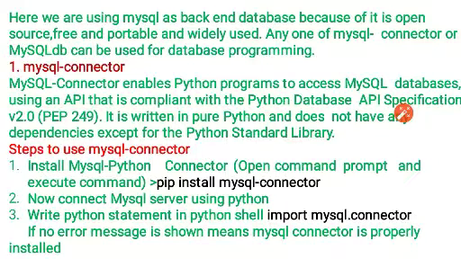MySQL connector enables Python programs to access MySQL databases using an API that is compliant with the Python database API specification, and it is written in pure Python and does not have any dependencies except for the Python standard libraries.